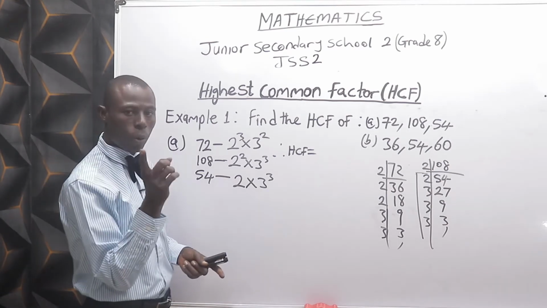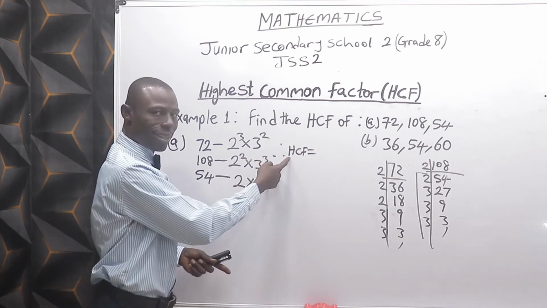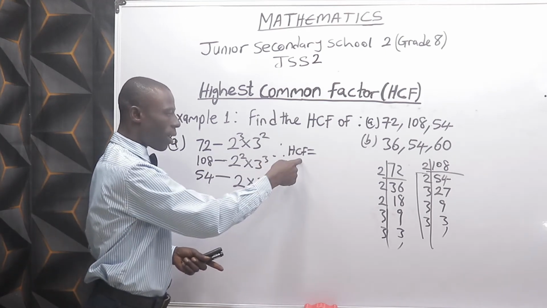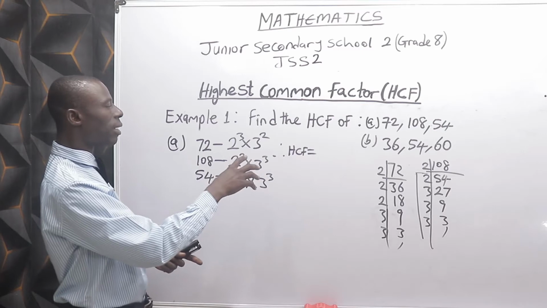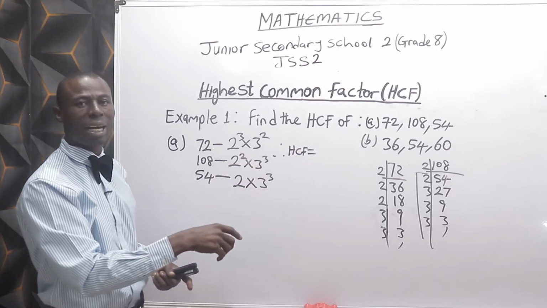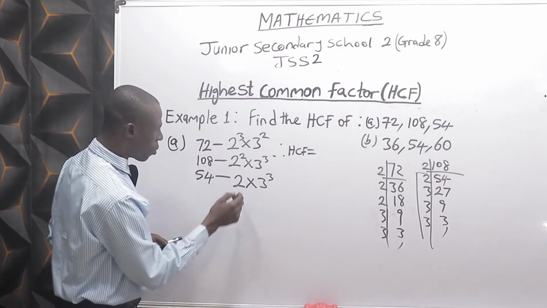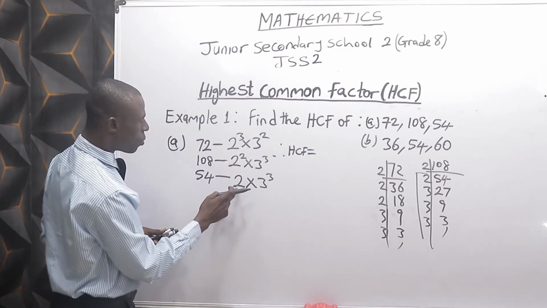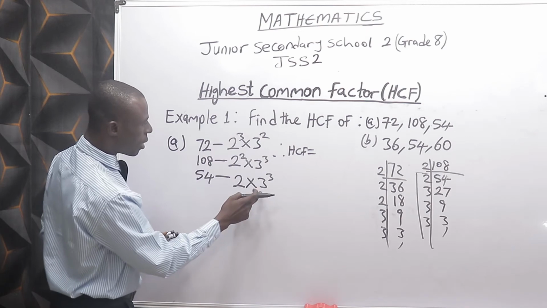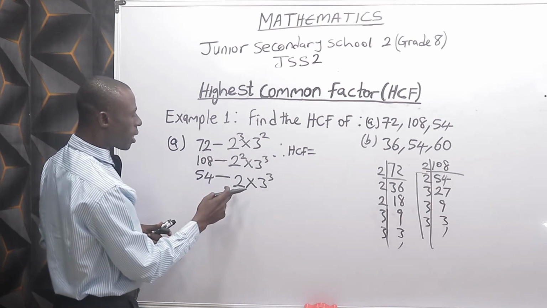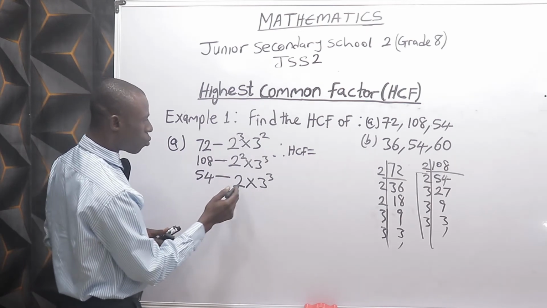Lowest is the opposite of highest. Highest common factor, so you take the common factors in their lowest power. What factor is common to them? 2 is a factor that is common. 3 is a factor that is common. But you take 2 in its lowest power. That is 2 raised to power 1.